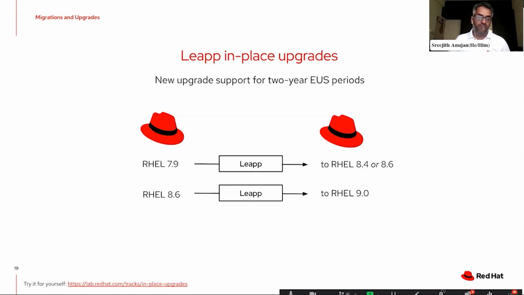If you want to upgrade from RHEL 7 to RHEL 9, you first use Leapp to upgrade to RHEL 8, and then from RHEL 8 to RHEL 9, again an upgrade. So it will be a two-step process. If it is RHEL 8 to RHEL 9, it is direct. This is also properly documented. You can use Leapp to do that upgrade.